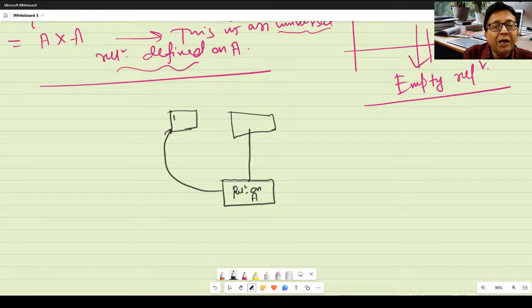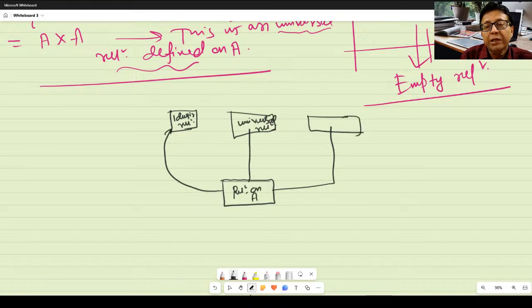One is identity relation, the other one is universal relation, and the third one is empty relation. Then I have explained with the example.